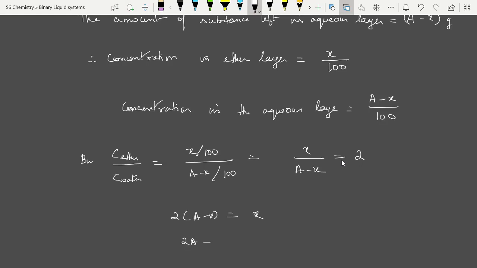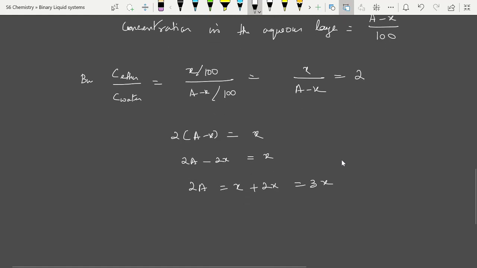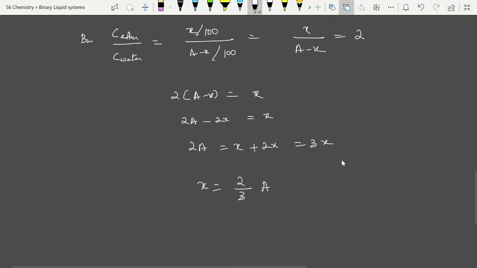So 2A minus 2x is equal to x, or we have 2A is equal to x plus 2x, that is 3x. So we have x is equal to 2 by 3A. So 2/3 of A has been extracted to the ether layer.